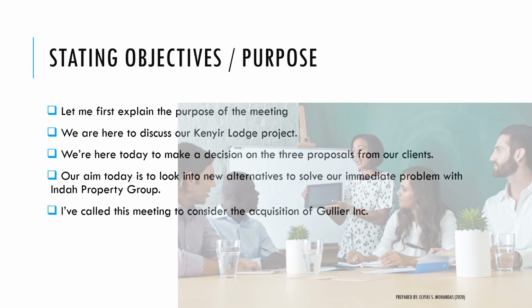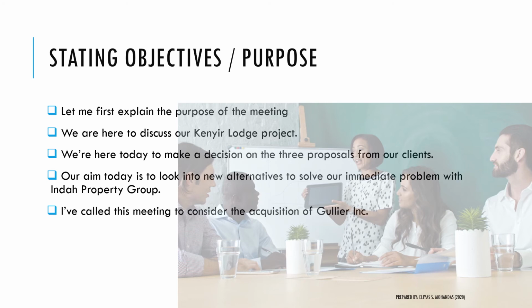Okay, the last one is to state the objectives and purpose. Although it is mentioned in the agenda of the meeting or even in the notice of the meeting, I think it's best for you to re-mention what the purposes or objectives of the meeting are. Here are a few phrases that you can use.